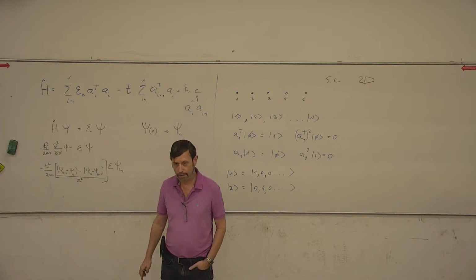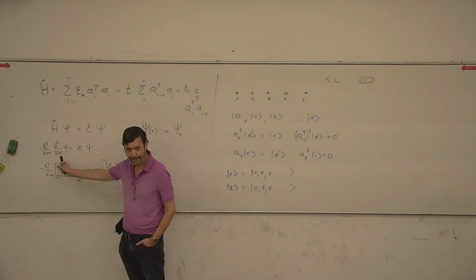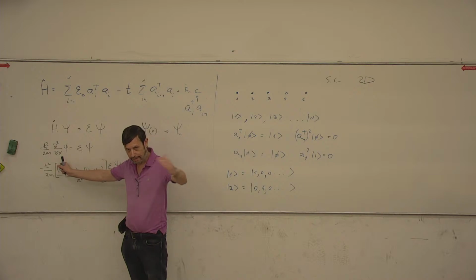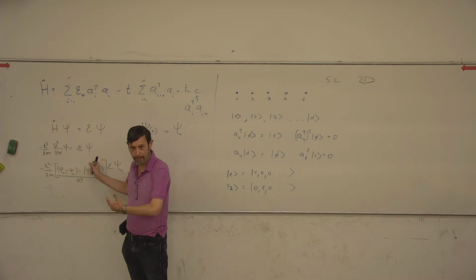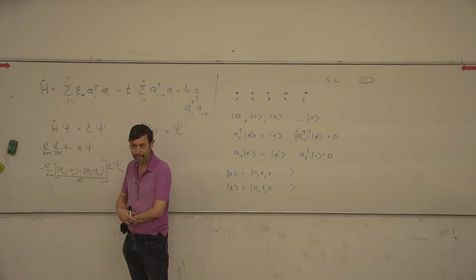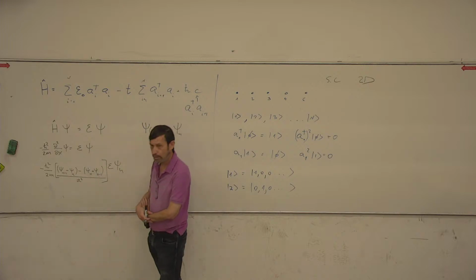What did I do here? The first derivative at one point minus the first derivative at the nearby point. Okay?